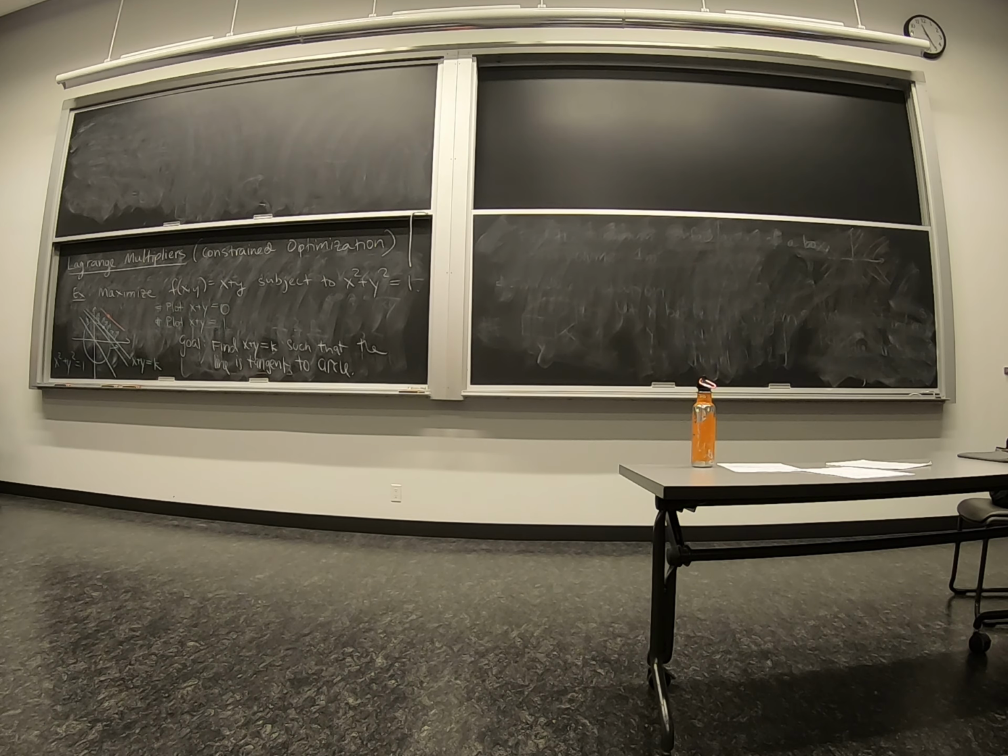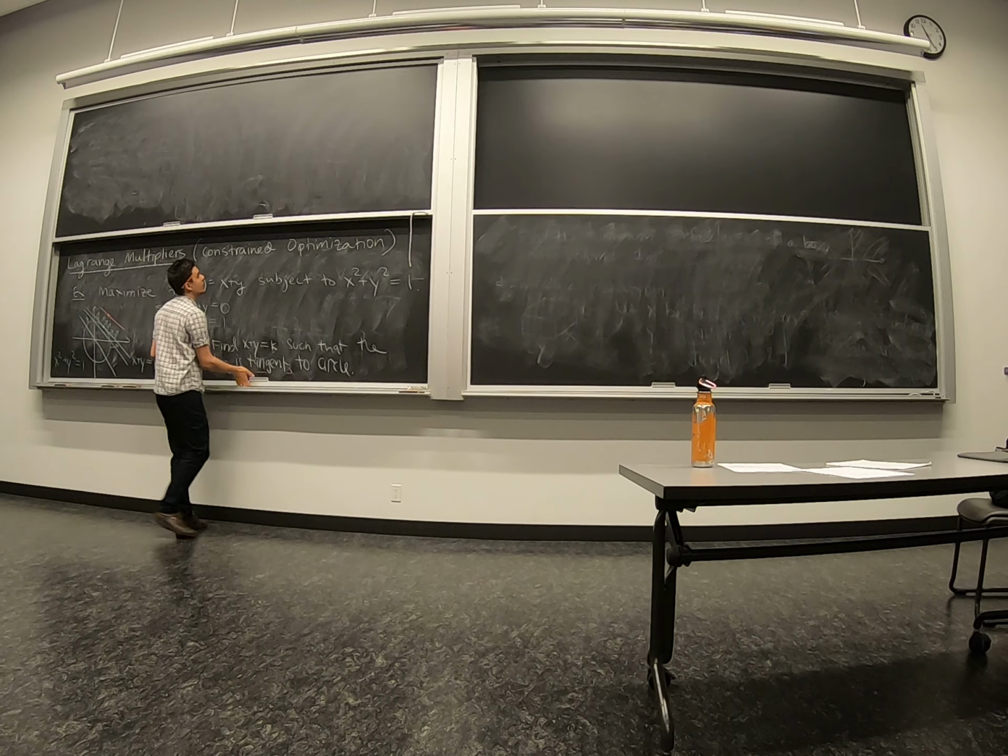And then on the circle, we've got another family of gradients. And when those two gradients are pointing in the same direction, we found the point of tangency. So we've got this blue family of gradients and this green family, and when they line up, we found the point of tangency. So let's look at that algebraically.